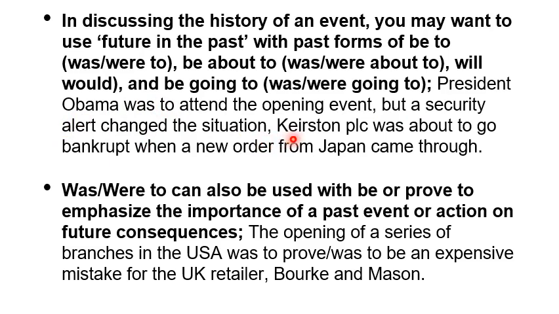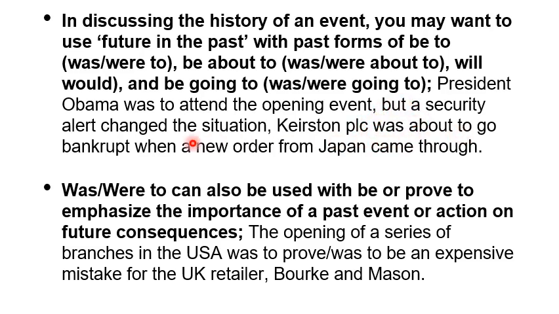Another example, Kirsten PLC was about to go, or was to go. Or in another sentence, was about to, was due to. So we need to change all verbs to be in the past.